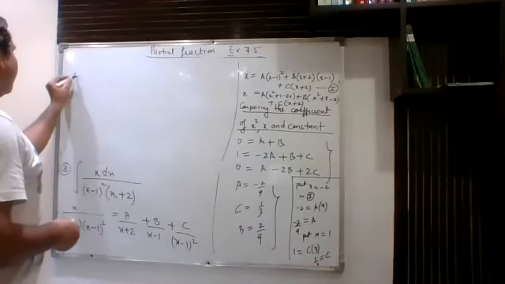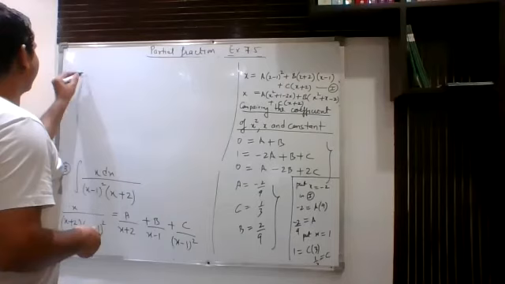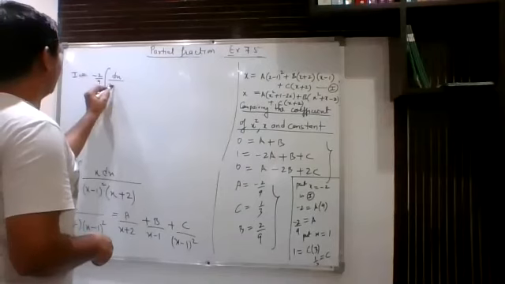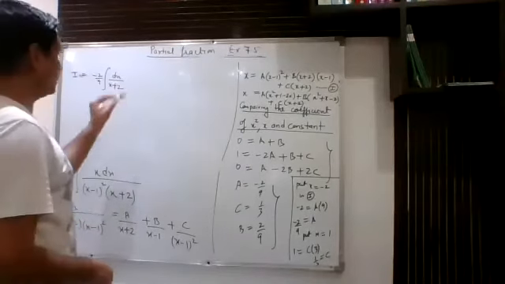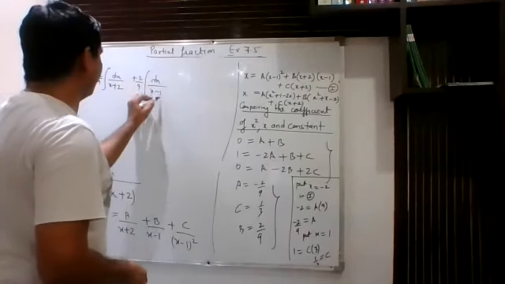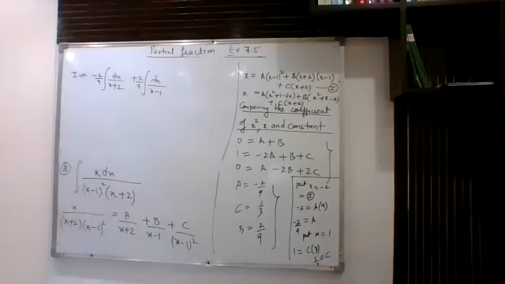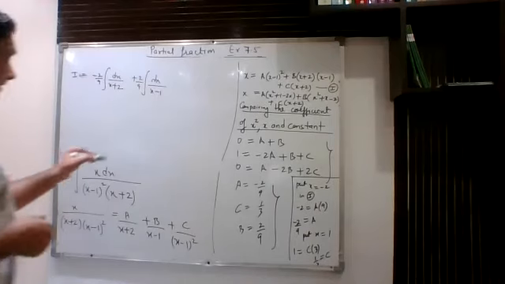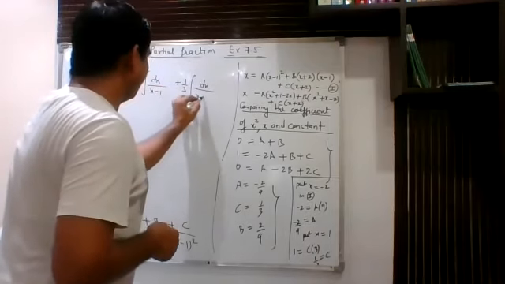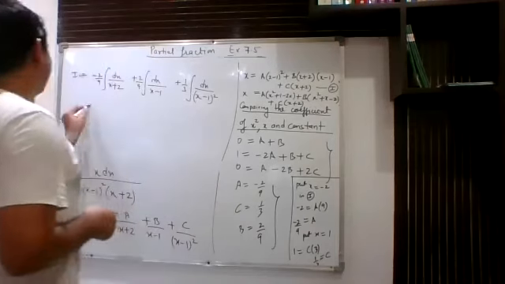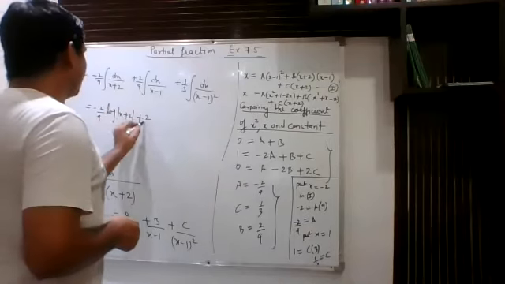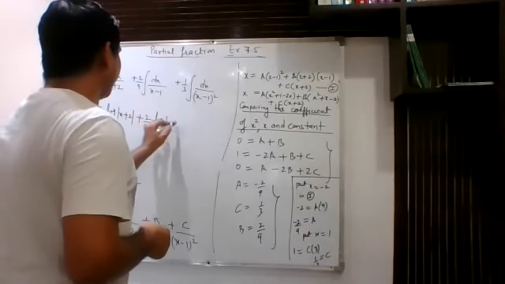The integral can be written as minus 2 upon 9 integration of dx upon x plus 2, plus 2 upon 9 integration of dx upon x minus 1, and the last one is 1 by 3 integration of 1 upon (x minus 1) whole square. So this will be minus 2 upon 9 log of (x plus 2) plus 2 upon 9 log of (x minus 1).